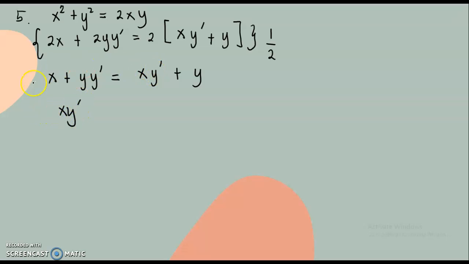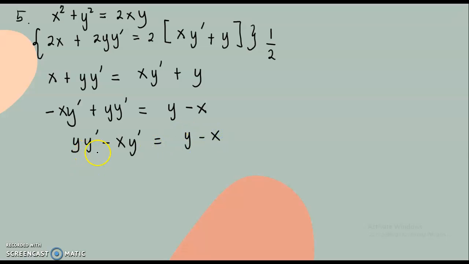Therefore, we're going to transpose this one. Therefore, this one is negative x y prime plus y y prime equal to y minus x, transposing your x to the right side. Then arrange this one. You have y y prime minus x y prime equal to y minus x. Common factor is y prime times y minus x is equal to y minus x.